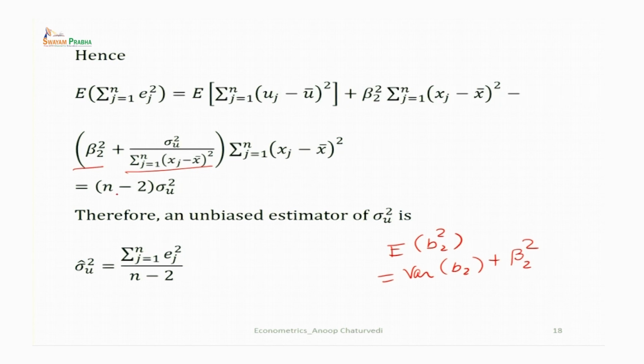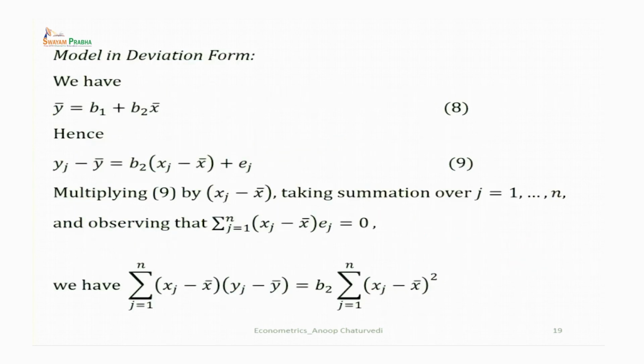So, finally, you obtain n minus 2 times sigma square u. Therefore, an unbiased estimator of sigma square u is sigma hat square u equal to summation E j square upon n minus 2. So, you can easily obtain an unbiased estimator of sigma square u also.